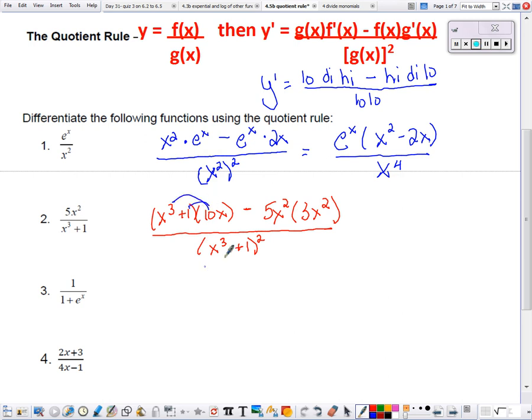Distribute my 10x here and my negative 5x squared here. Oh, that's just once. Sorry. So we get 10x to the 4th plus 10x minus 15x to the 4th. And this I do want to multiply out.